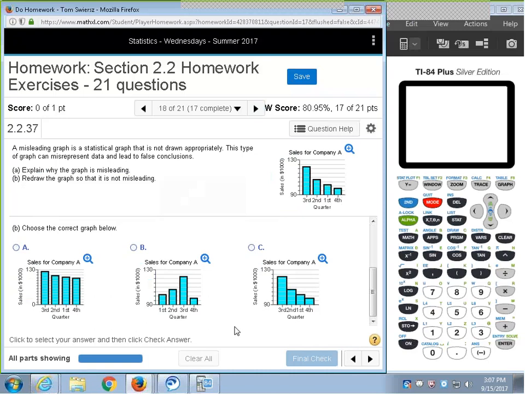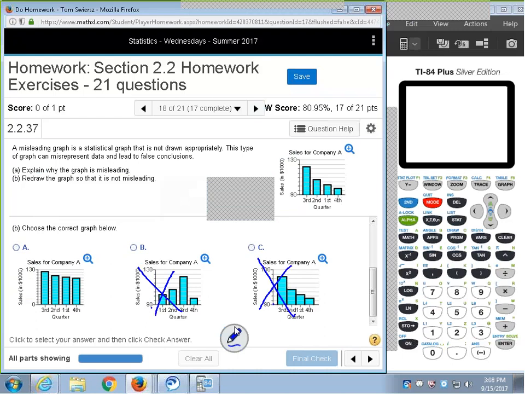Now choose the correct graph. Again, we want to start at 0 and go to 130. So right away, this one starts at 90, can't be right. This one starts at 90, can't be right. So 0 to 130, and notice in this one, the third quarter is about 120 something, which is about right there. The second quarter is between 105 and 110, which is about right.